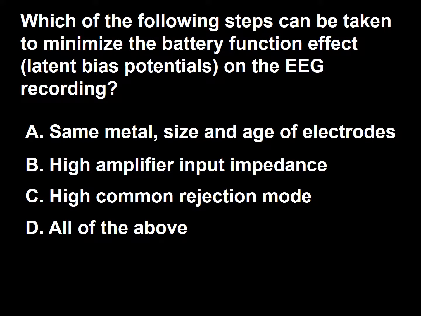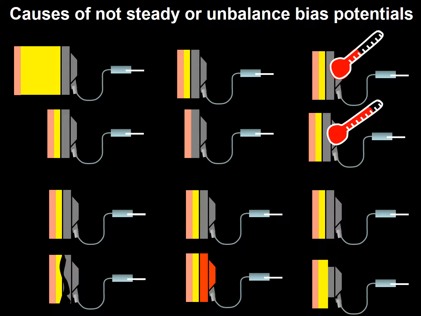Next question is, which of the following steps can be taken to minimize the battery function effect on the EEG recording? A. Same metal, size, and age of electrodes. B. High amplifier input impedance. C. High common rejection mode. D. All of the above. We already looked at this figure as causes of bias potential.